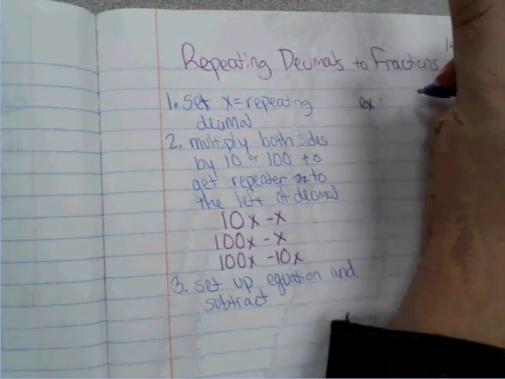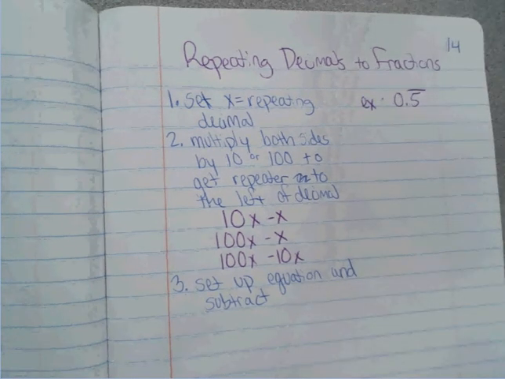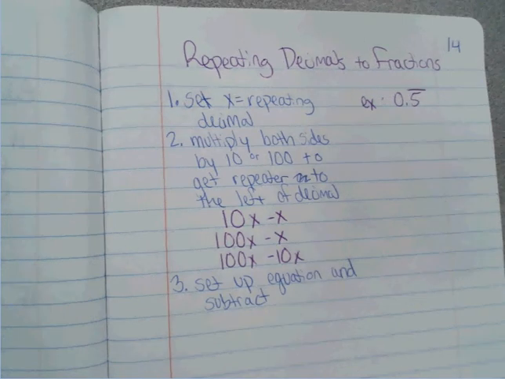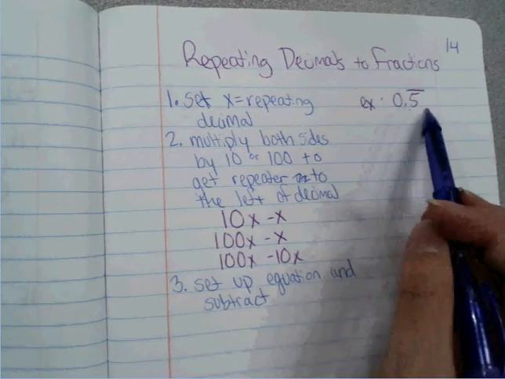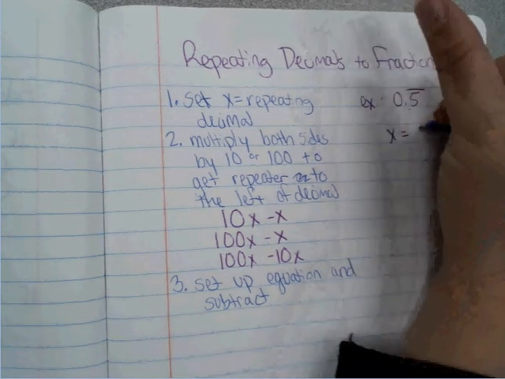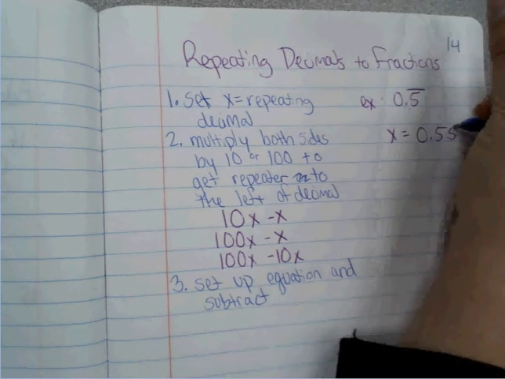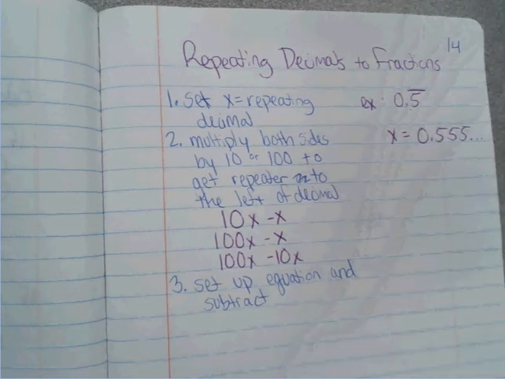Let's say we want to convert 5 repeating into a decimal, into a fraction. The first thing we want to do, since there's only one number repeating, we would only have to move the decimal once. So after we set x equal to 5 repeating, if you have to write out some 5s just so you can see it a little bit better, that's fine. Or you can just put 5 repeating.